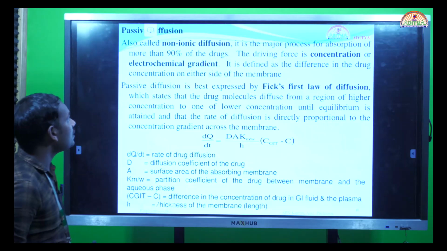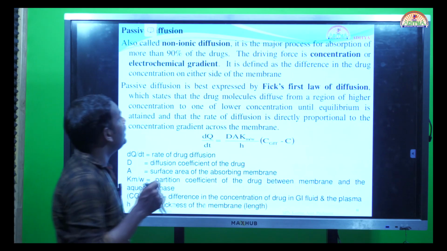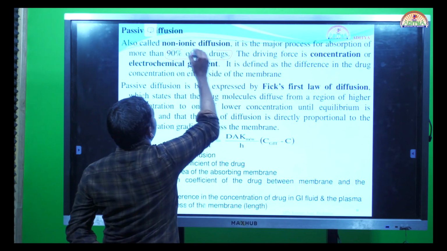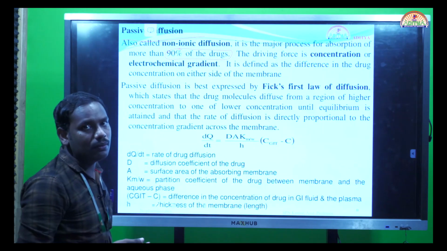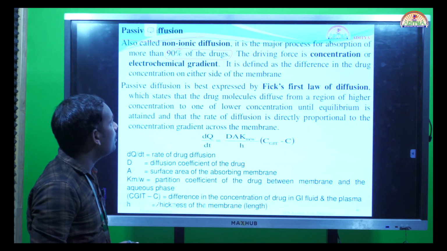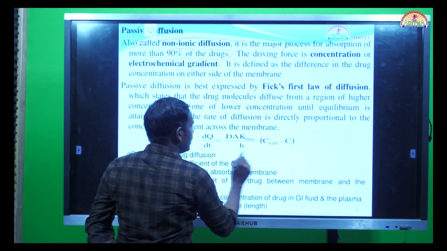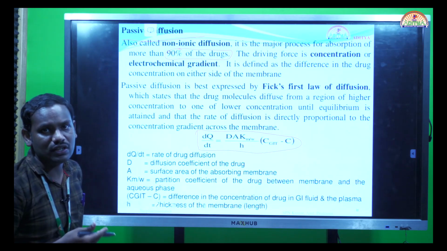So let us see the first one, passive diffusion. Passive diffusion means it does not require energy. 90% of drugs, the majority of drugs, flow by this passive diffusion process. So how does it occur? To see the mathematics involved, it follows the modified Fick's first law of diffusion.